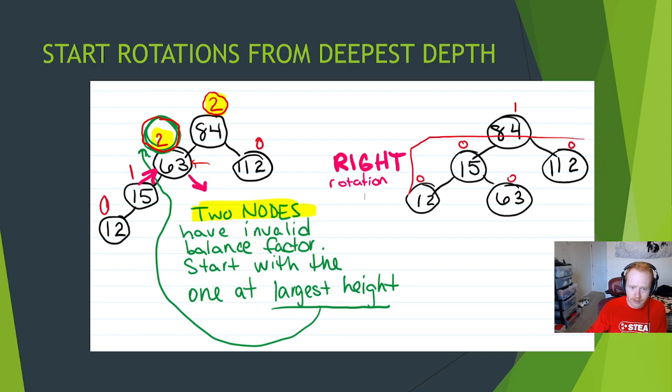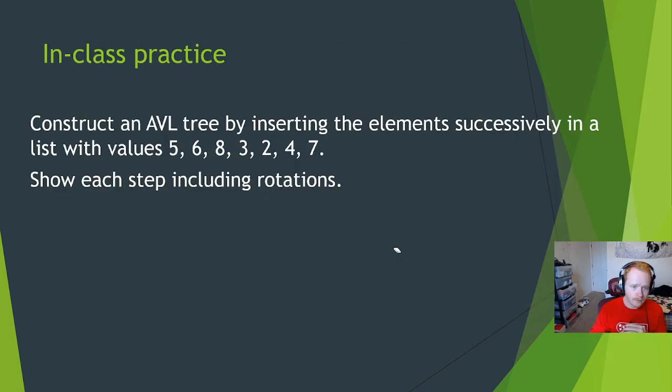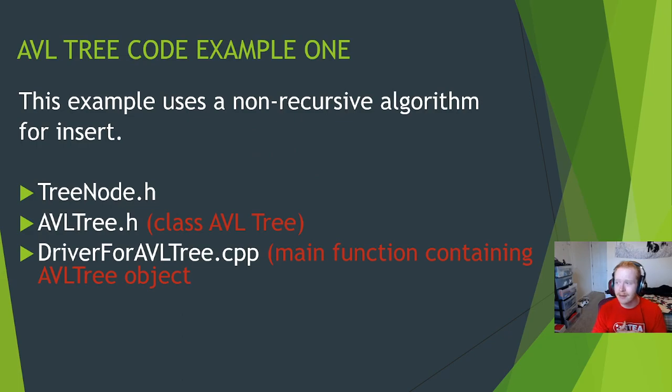So we get a tree that looks like this instead. It may be hard to see it with a smaller tree, but if our tree was a whole bunch of nodes, this would improve the performance. So there's an in-class practice for it. You can pause if you want.